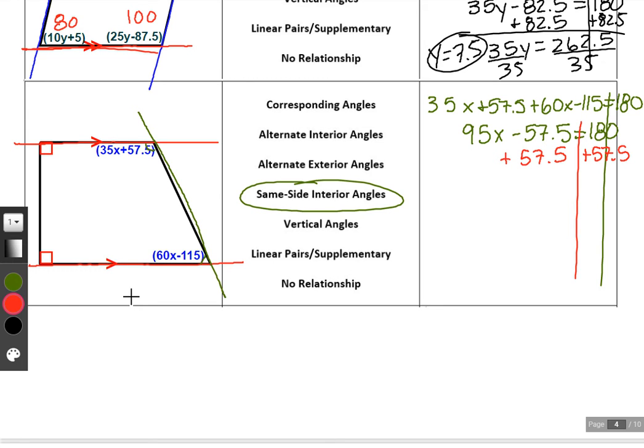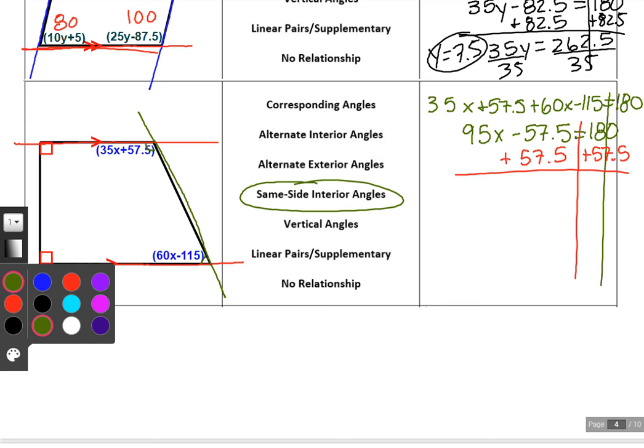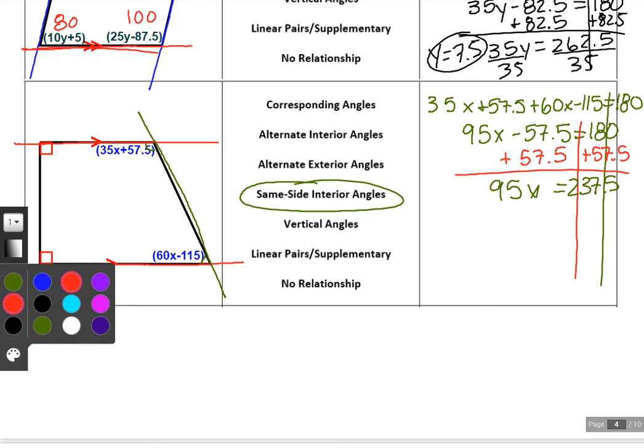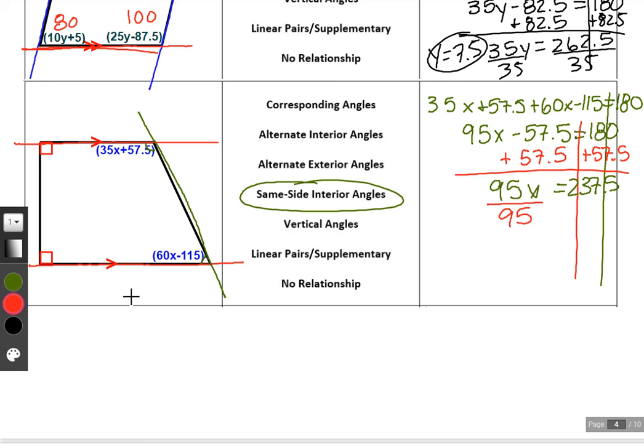So 180 plus 57.5 will leave our 95x value to be equal to 237.5. Let's divide off the 95, and so our x value is going to equal 2.5.